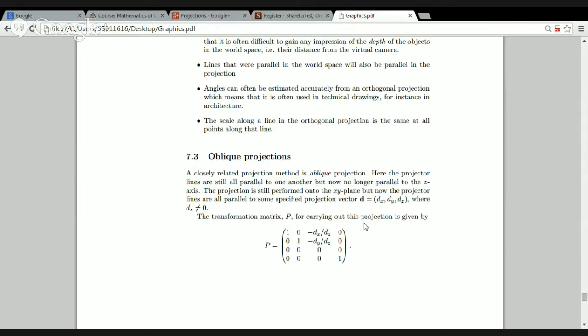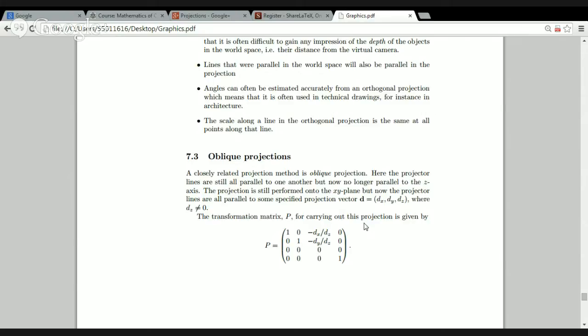There will be an object in the environment, but let's draw it down here so I'm not going off my diagram. Oblique projection is when the projector lines are all parallel to each other. So these would be the projections of the four vertices of that object that we're seeing here in the scene, but they're no longer parallel to the z-axis, okay?